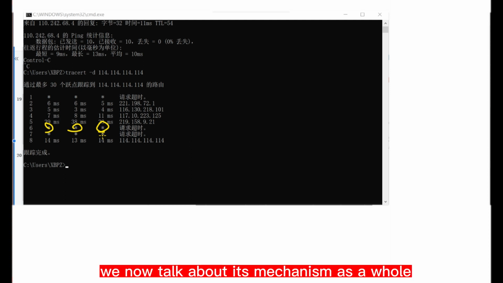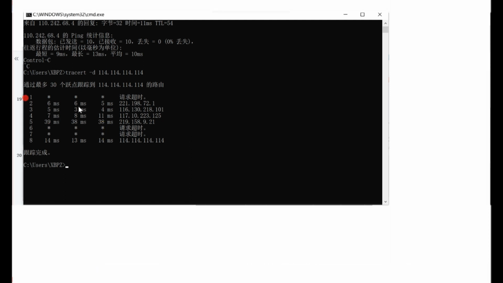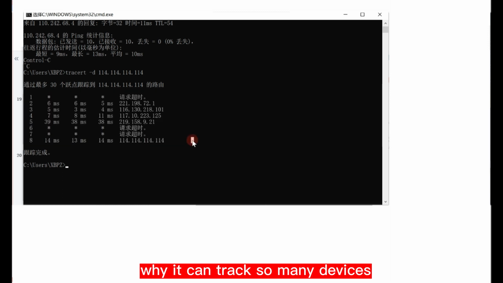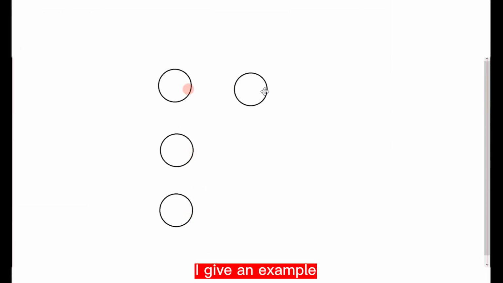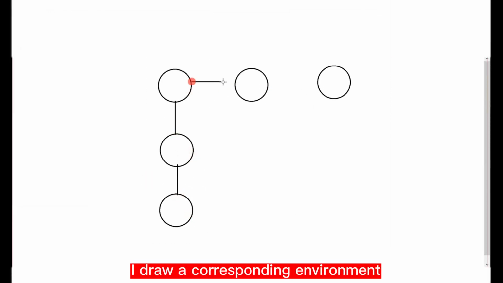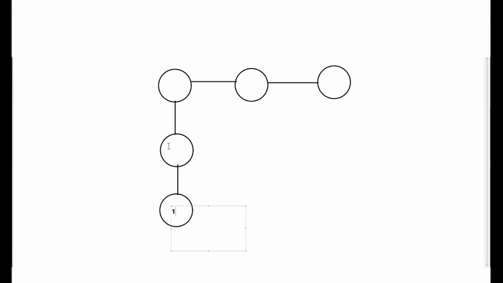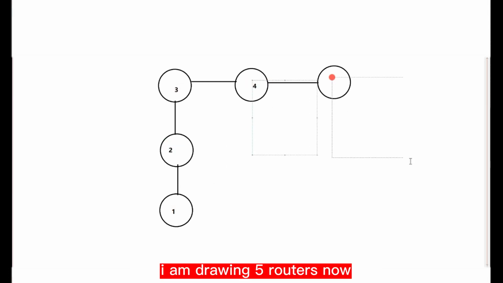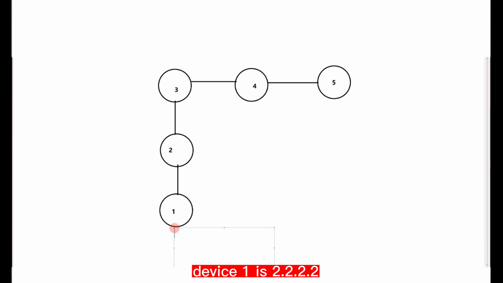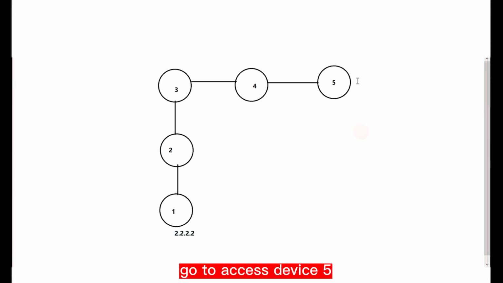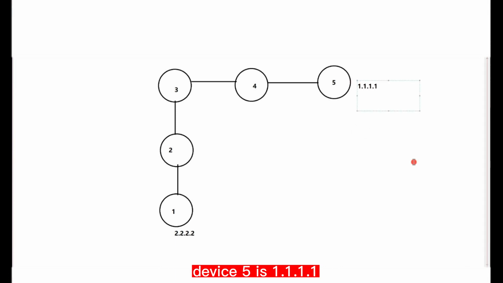We now talk about its mechanism as a whole. Why can it track so many devices? I give an example. I draw a corresponding environment. I am drawing 5 routers now. Device 1 is 2.2.2.2, going to access device 5. Device 5 is 1.1.1.1.